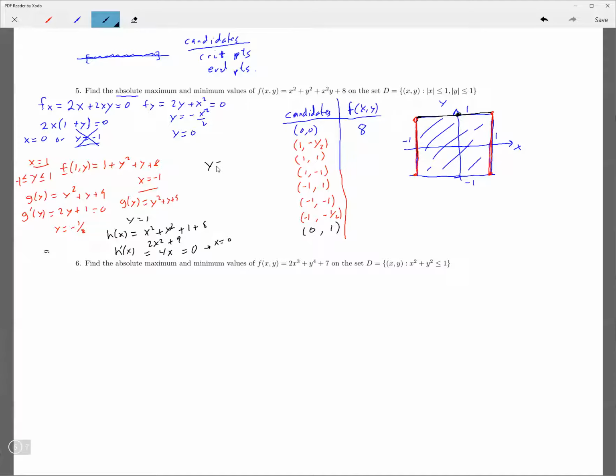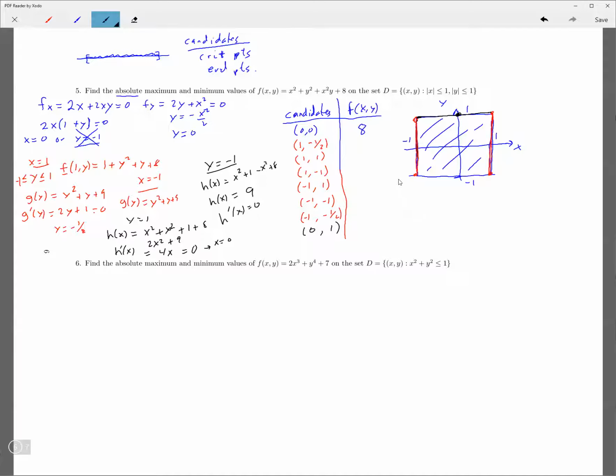And then finally, we set y equal to -1. And that is going to give us h of x equals, whoa, that's interesting. x squared plus 1 squared, and then this is going to be minus x squared. So you have just 9. And the derivative is 0 everywhere.